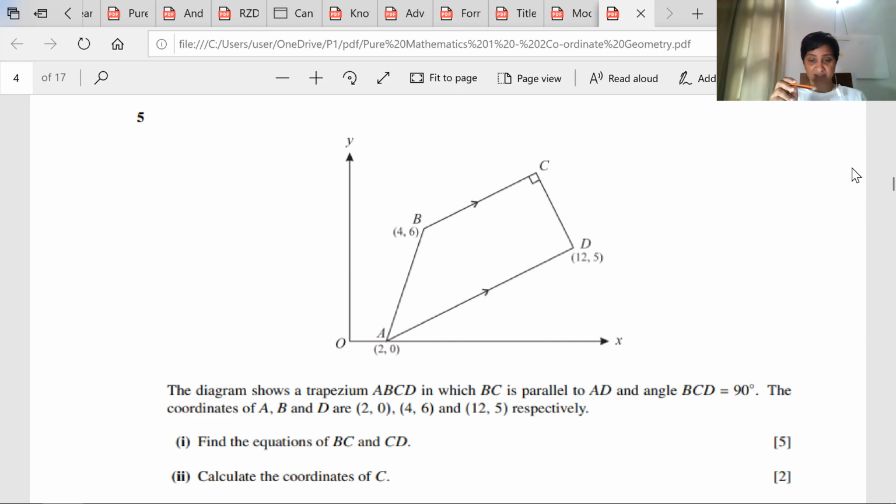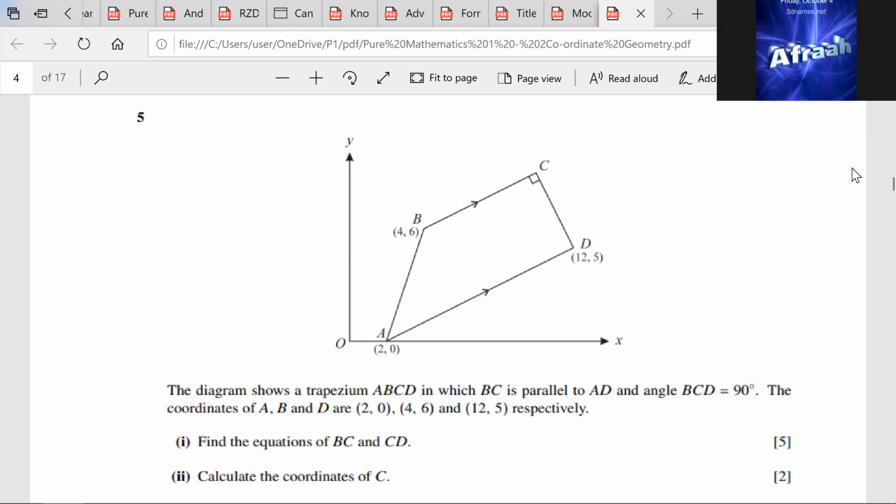Y minus 6 part is correct, x minus 4 part is correct. Yeah, that's right. The equation of BC, what Afra said was right. It was Afra, right?